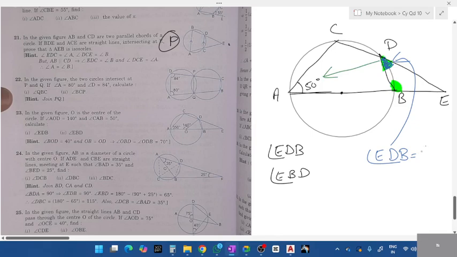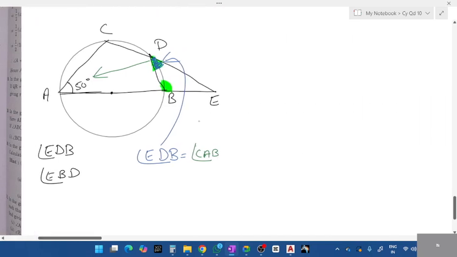Simple. We'll use O for the next part of the question. Angle EDB is equal to angle CAB. You can write CAB is equal to 50 degrees. So that is equal to 50 degrees.